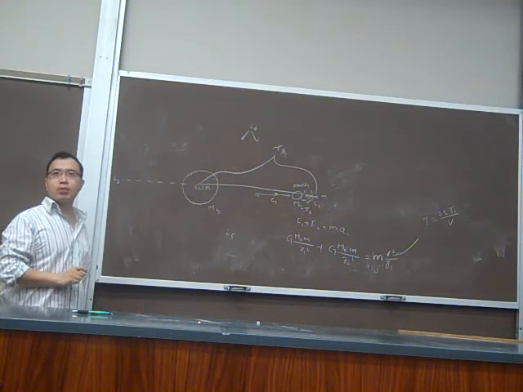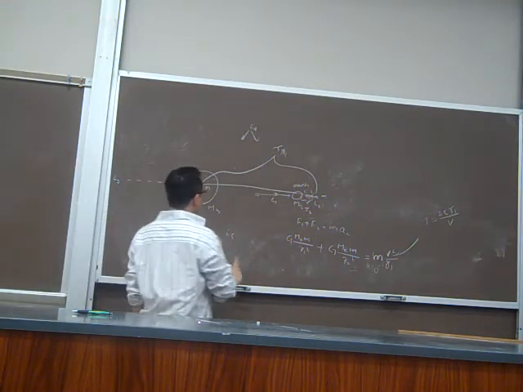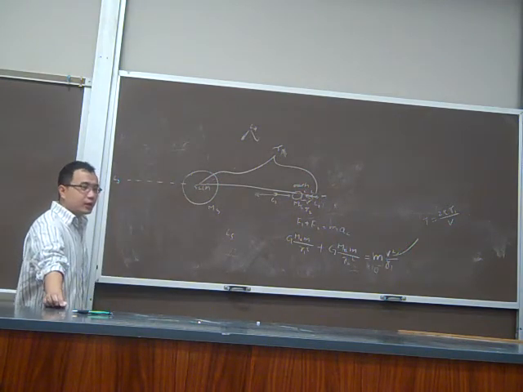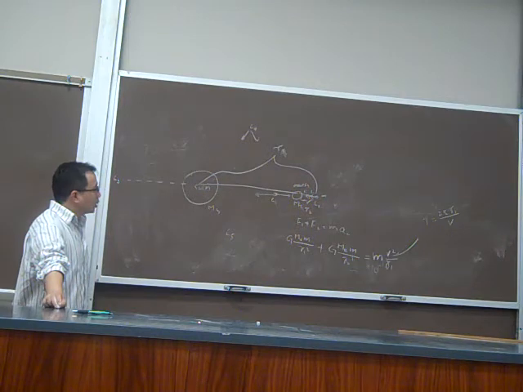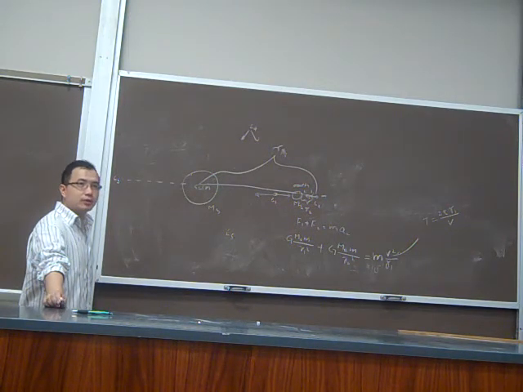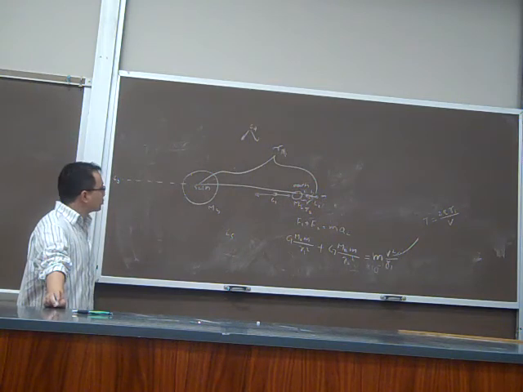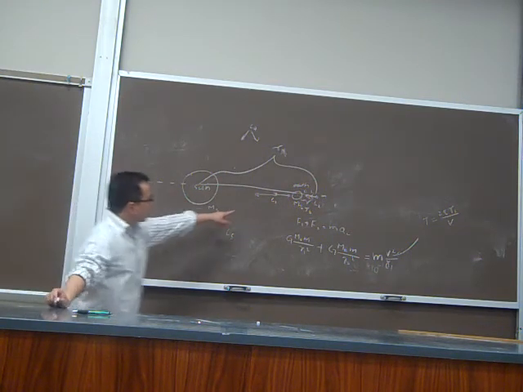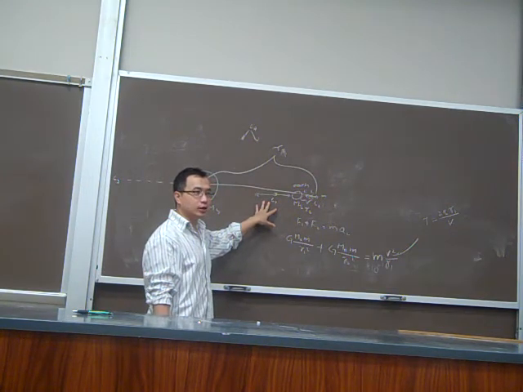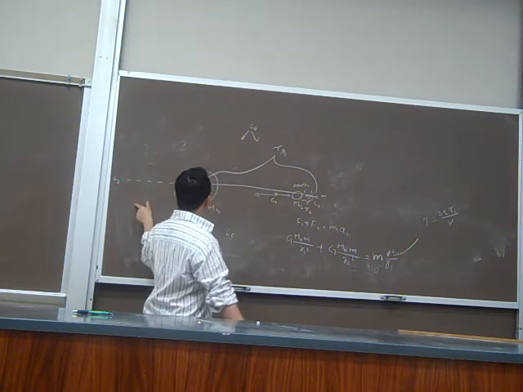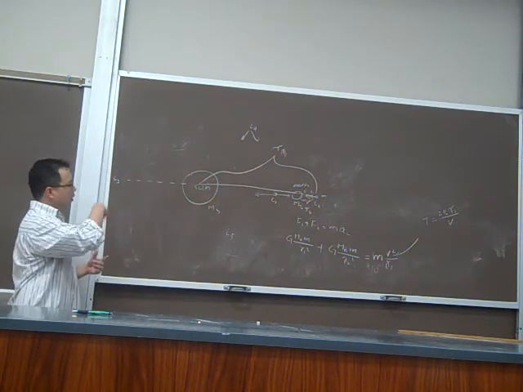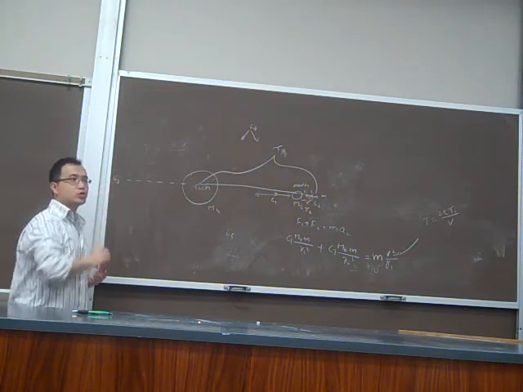But still possible. So totally, you have 5 points. The first one, L1, is absolute static equilibrium. L2, L3, L4, and L5, they are dynamic equilibrium.